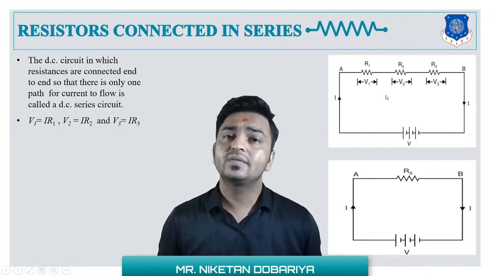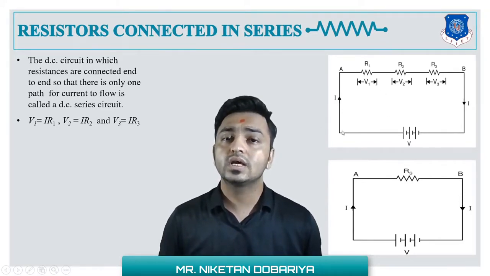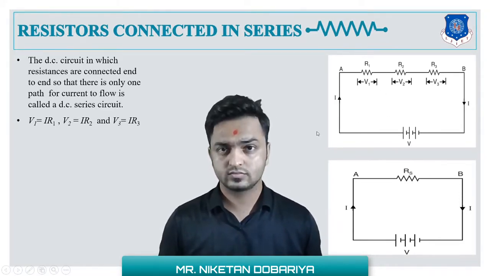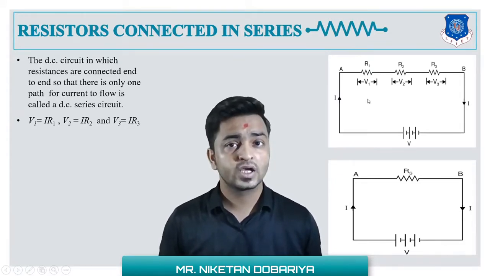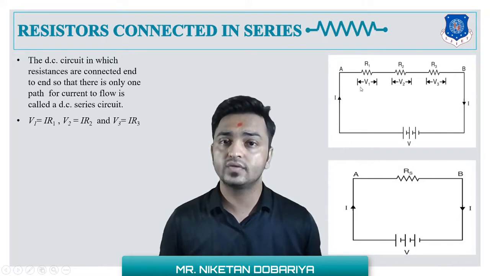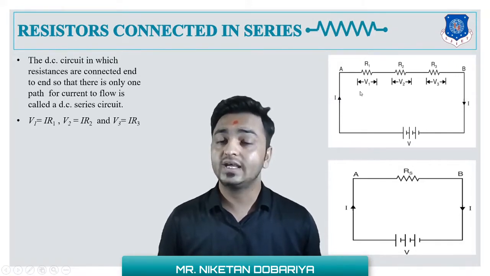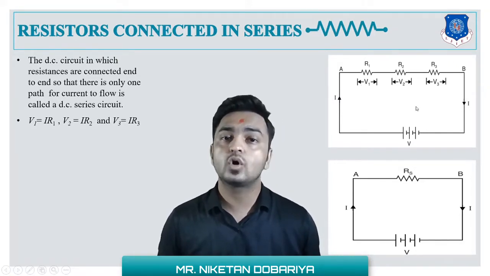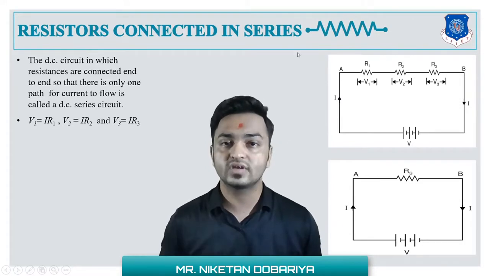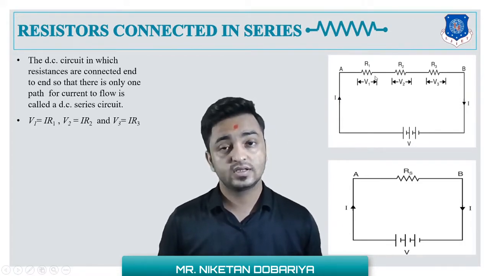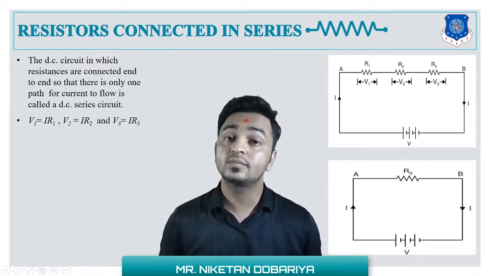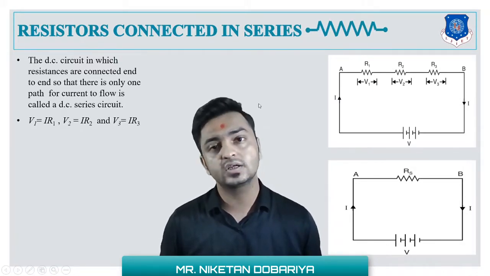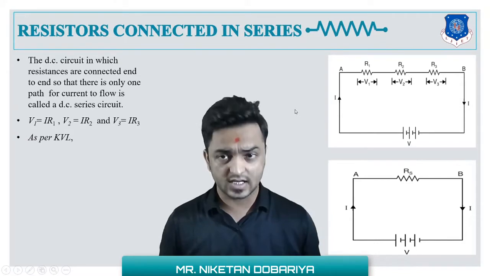If we define V1, V2, V3 according to Ohm's law, that is V equals IR. For the first resistor, V1 is going to be I into R1, because I is common for all circuit components in this circuit. So V1 is equal to IR1, similarly V2 is equal to IR2, and V3 is equal to IR3.